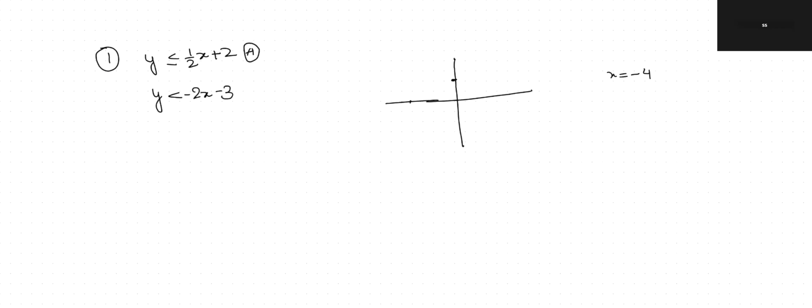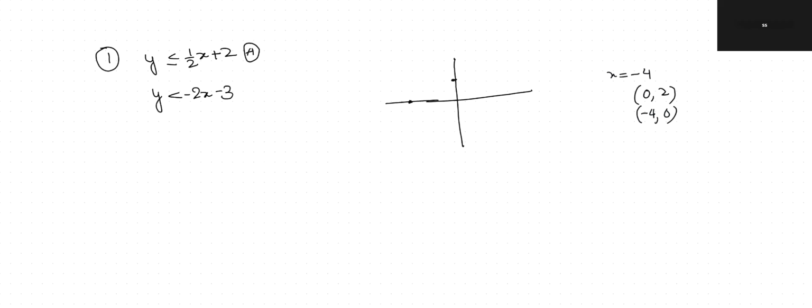So this is another point. One is when x is 0, it is 2, and the other point is when x is -4, it will be 0. So this is -4, 0, and 0, 2.